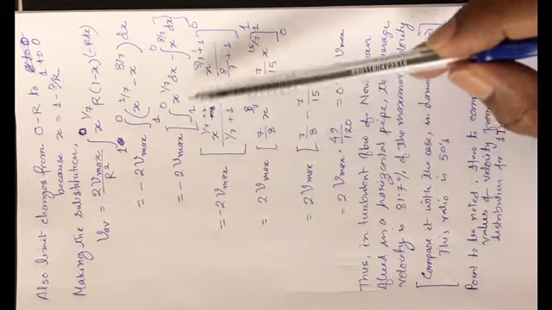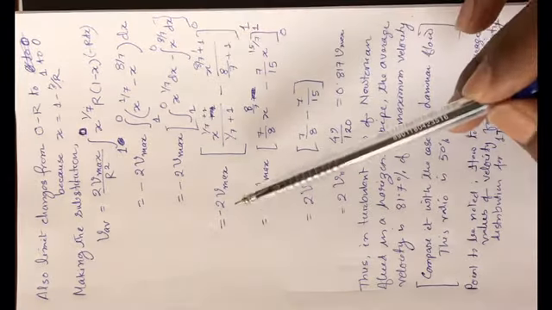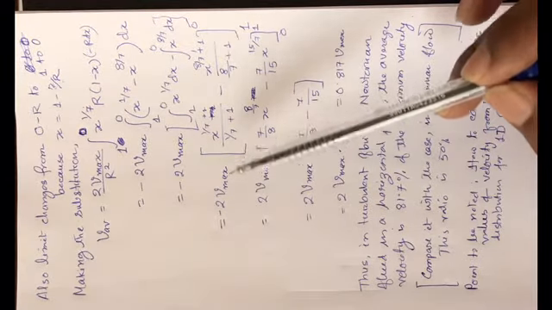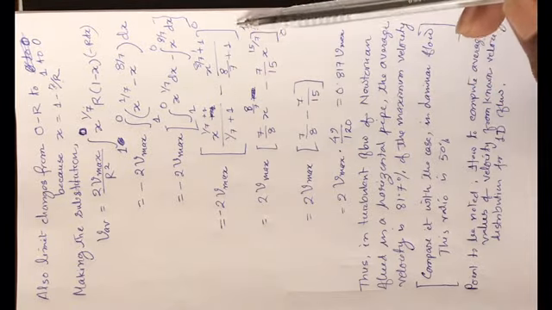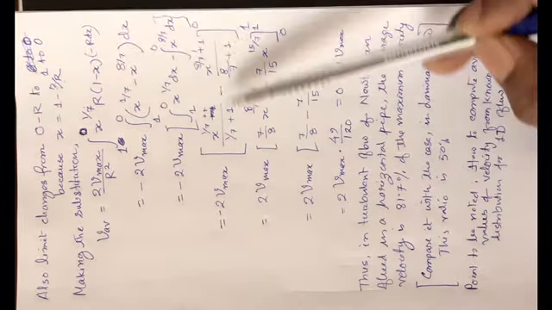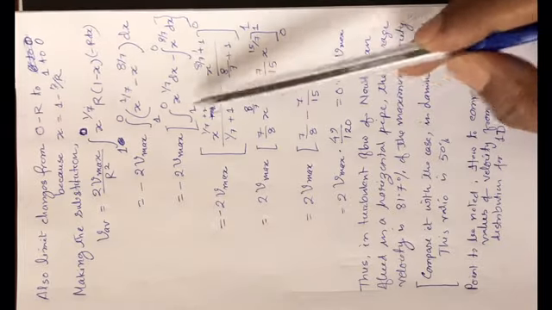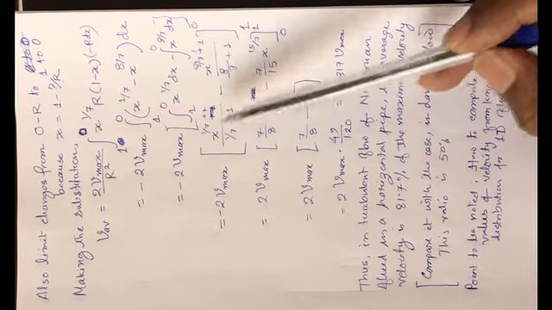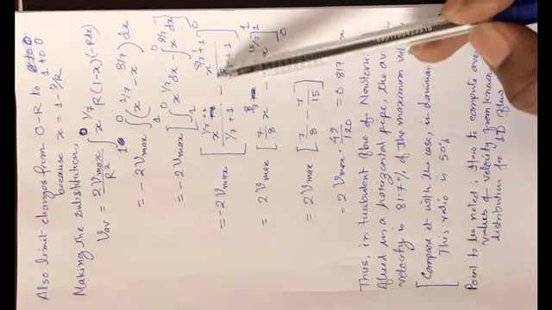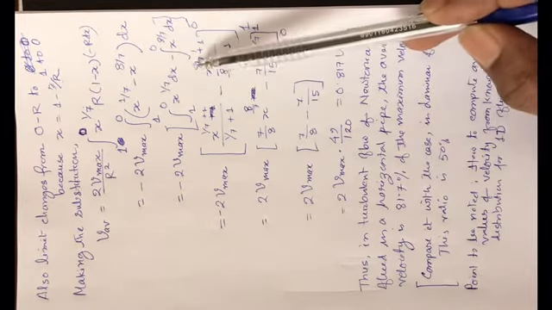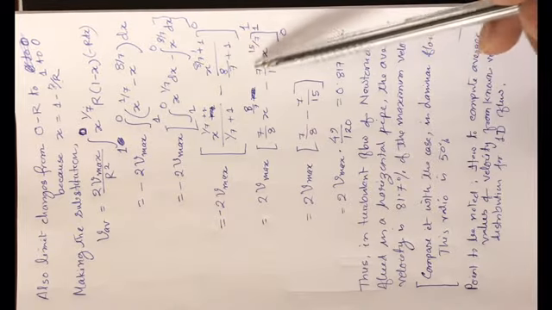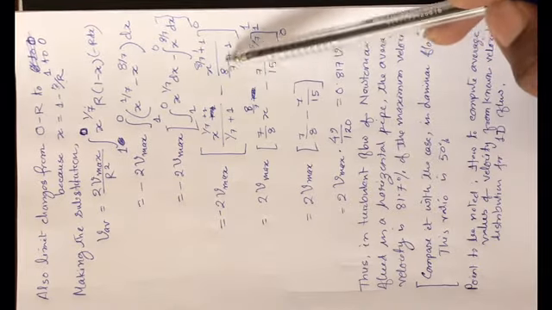It is now broken down into two integrals, then integration is done. It is a finite integral, so we put the limit from 1 to 0. The integration of x to the power 1 by 7 is x to the power 8 by 7 divided by 8 by 7, and for the other one, x to the power 8 by 7, this is x to the power 15 by 7 divided by 15 by 7.